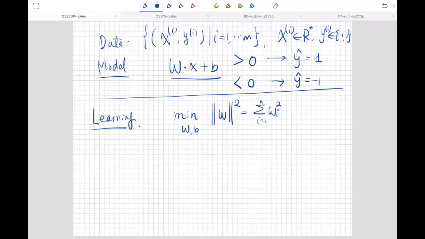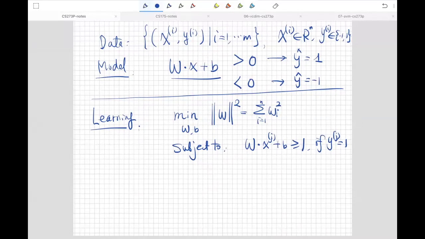That's the same. However, there's a key difference from the previous model, because there is this constraint. You have constraints we have to satisfy, subject to a set of constraints. What are the constraints? W dot xj plus b needs to be greater than or equal to 1 if your label yj is equal to 1.